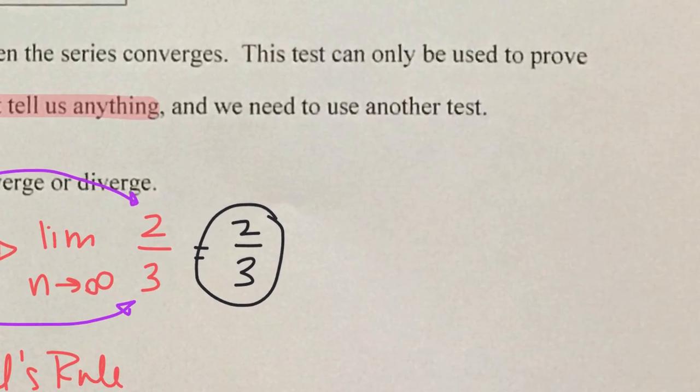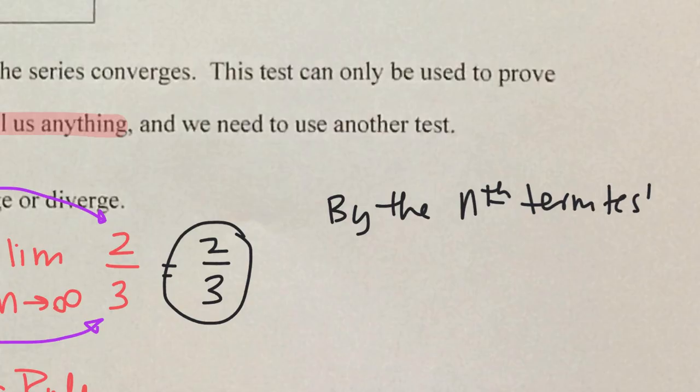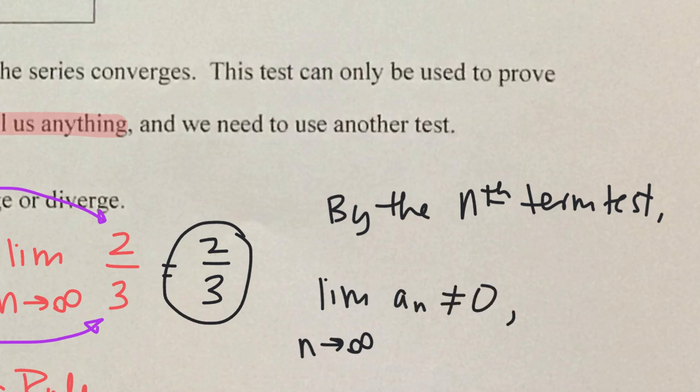Okay? So by the nth term test, the limit as n approaches infinity of our function is not 0. Therefore, the function, or in this case, a sub n, diverges.